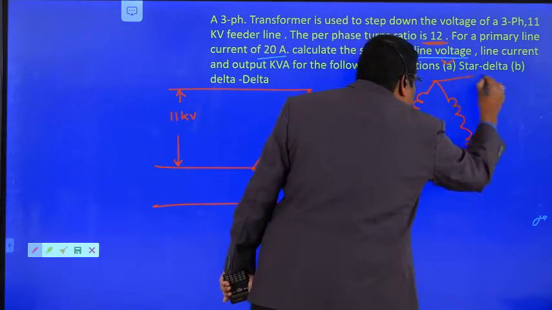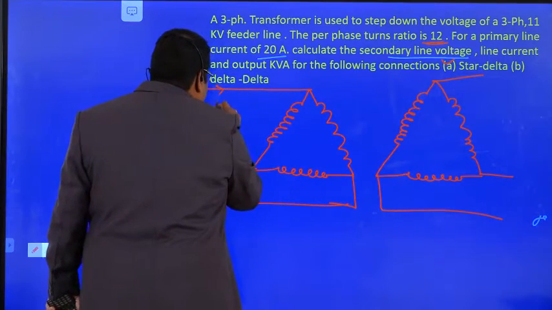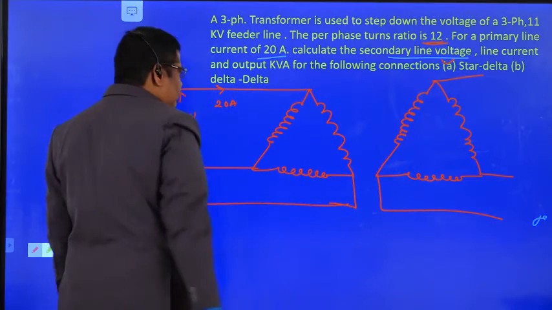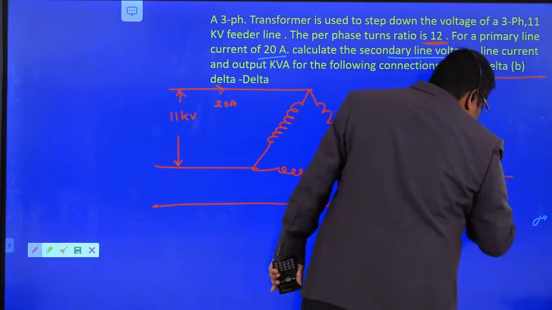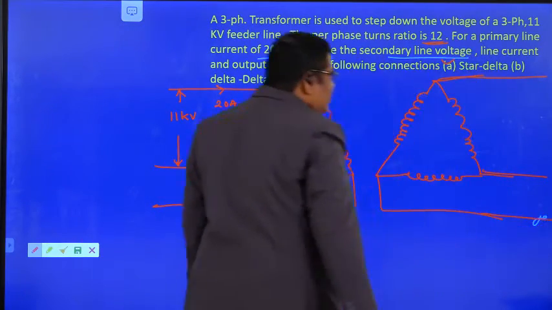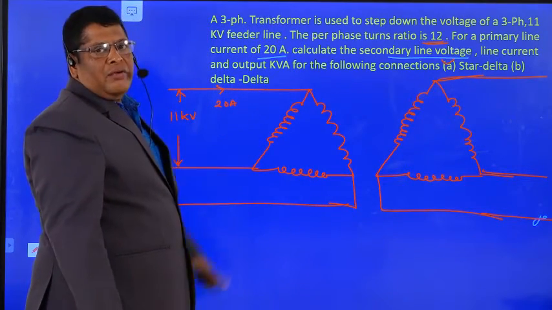In the problem it is given that the feeder line is carrying a current of 20 amperes. First we are going to find out the secondary line voltage. To find the secondary line voltage, first of all you have to calculate the primary voltage.